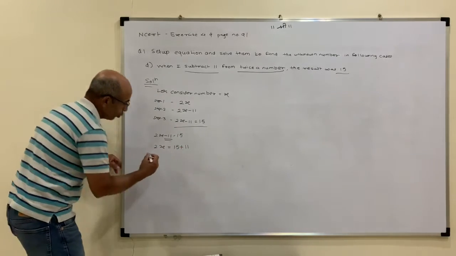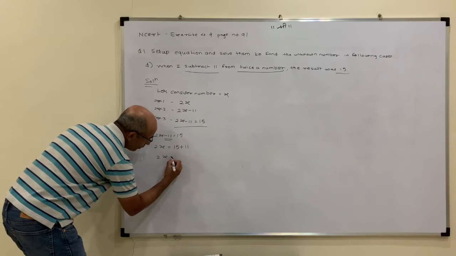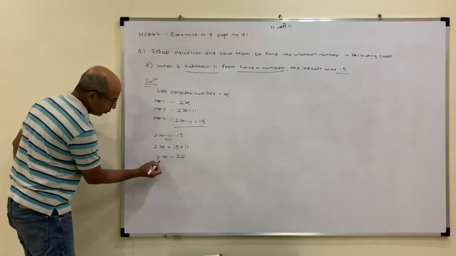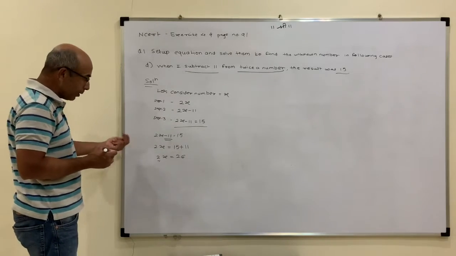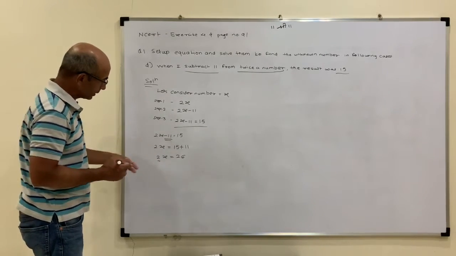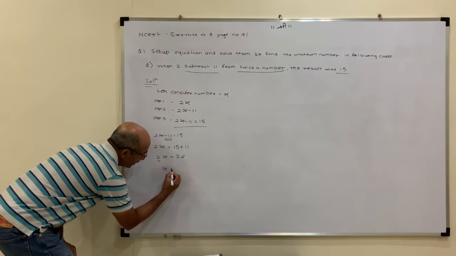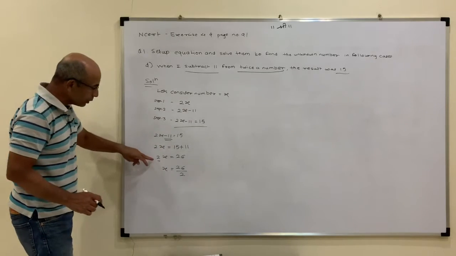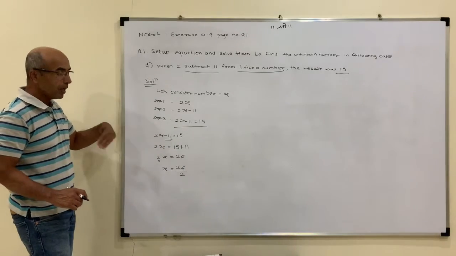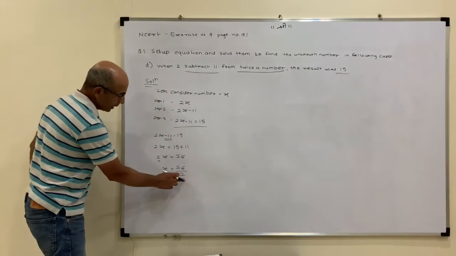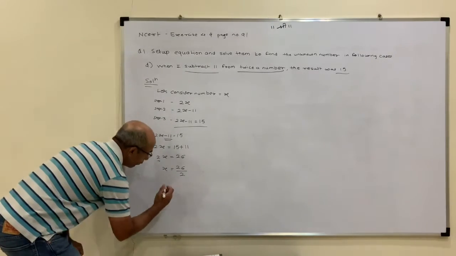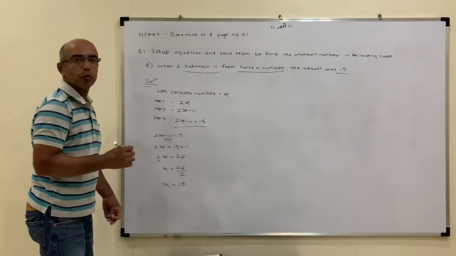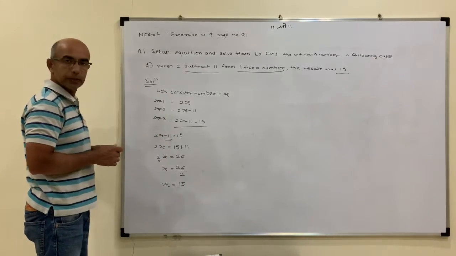So now 2x equals 15 plus 11, 26. Now I'll transpose this 2 which is multiplied on the left hand side to the right hand side. So my x will be 26 divided by 2. Since it was multiplied on the left hand side, when I transpose it onto the right hand side, it becomes a divide. So the value of my x will be 26 divided by 2. 13 2s are 26.